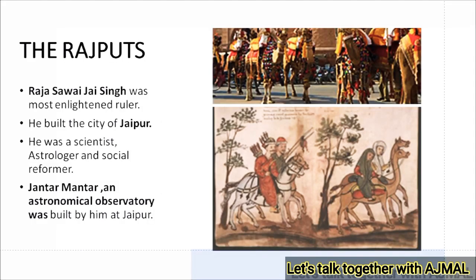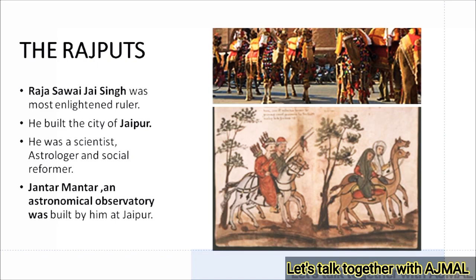Next we are going to talk about the Rajput community. Rajputs were mainly involved in wars with each other, but Raja Sawai Jai Singh was the most enlightened ruler. He built the city of Jaipur, and he was a scientist, astronomer and a social reformer.